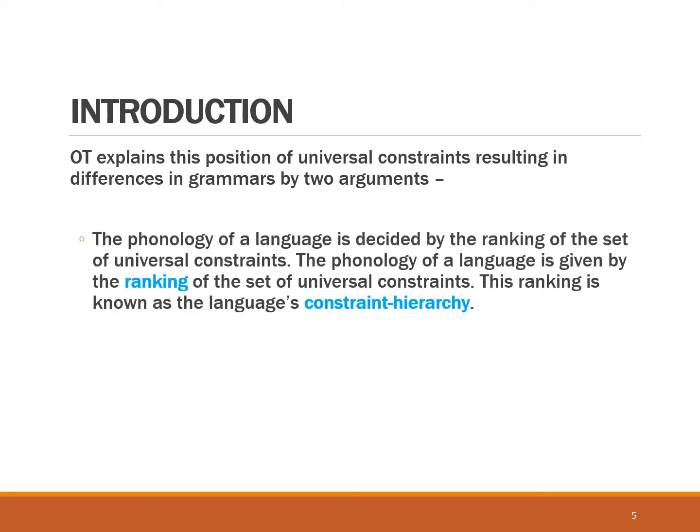One is that the phonology of a language is given by the ranking of the set of universal constraints. This ranking is known as the language's constraint hierarchy. So if there is a ranking, then automatically a hierarchy is constituted.